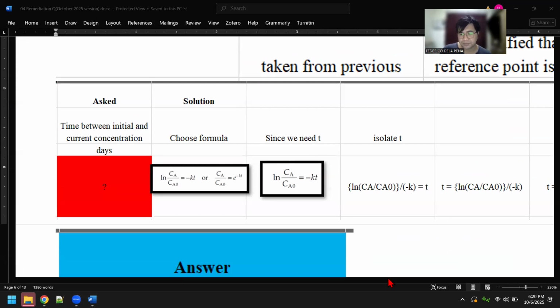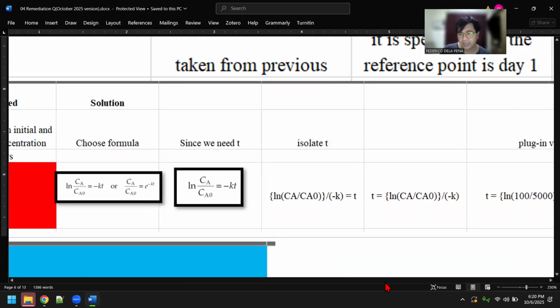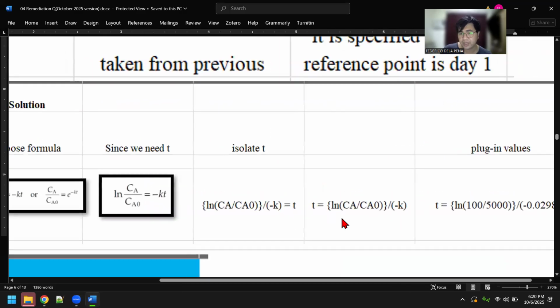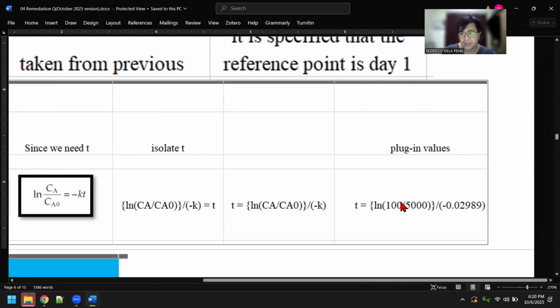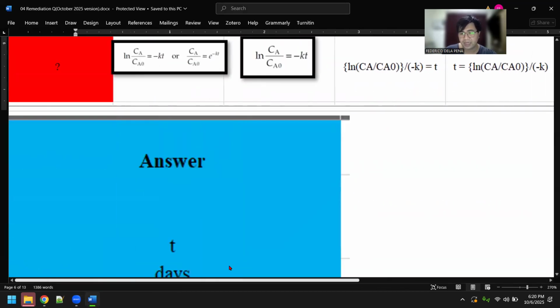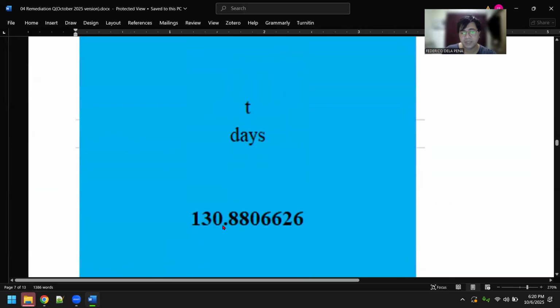After manipulating and isolating t, time is going to be equal to the natural logarithm of the current concentration divided by the initial concentration, divided by the negative k. And this is going to be something like 130.88, or approximately 131 days.